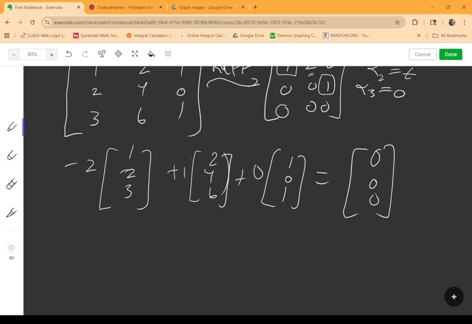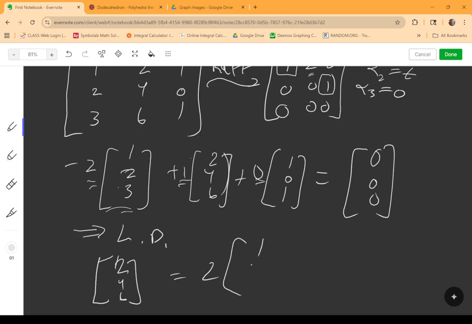More importantly, I have a non-trivial solution. Notice one of the coefficients is 0, but that's okay. As long as not all of them are zero, this set is linearly dependent. Rearranging the terms, if you bring this over to the other side, we have (2, 4, 6) is equal to 2 times (1, 2, 3).